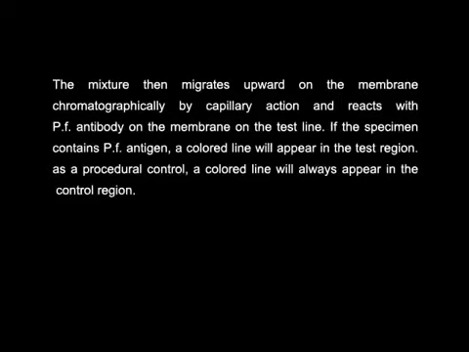The mixture then migrates upward on the membrane chromatographically by capillary action and reacts with Plasmodium falciparum antibody on the membrane on the test line. If the specimen contains Plasmodium falciparum antigen, a colored line will appear in the test region. As a procedural control, a colored line will always appear in the control region.